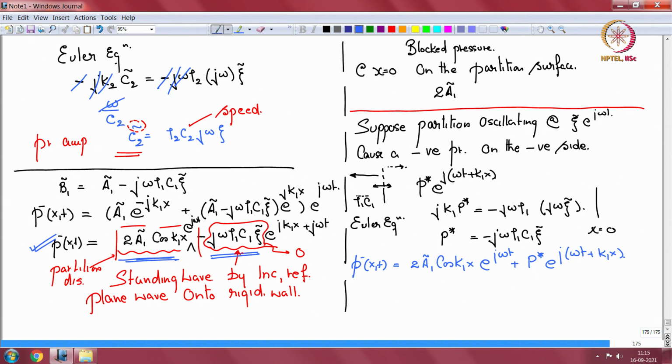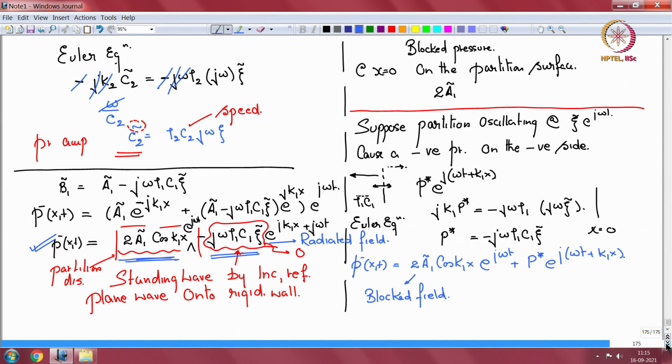Okay. So this is called the radiated field. And this is called the blocked pressure, blocked field.